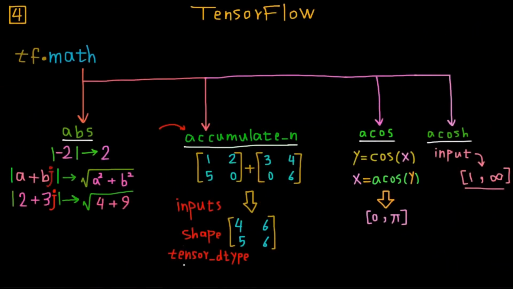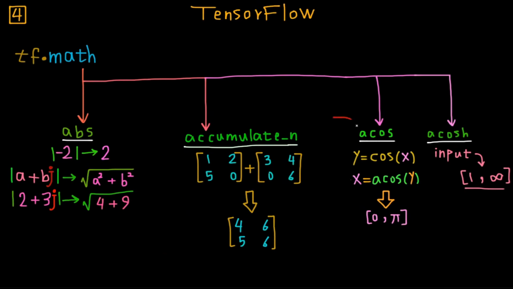The next argument, tensor dtype, is an expected data type of inputs. It is an optional argument. The last argument, name, which is the name of the operation, is an optional argument. And the accumulate n function returns a tensor of the same shape and type as the elements of inputs.